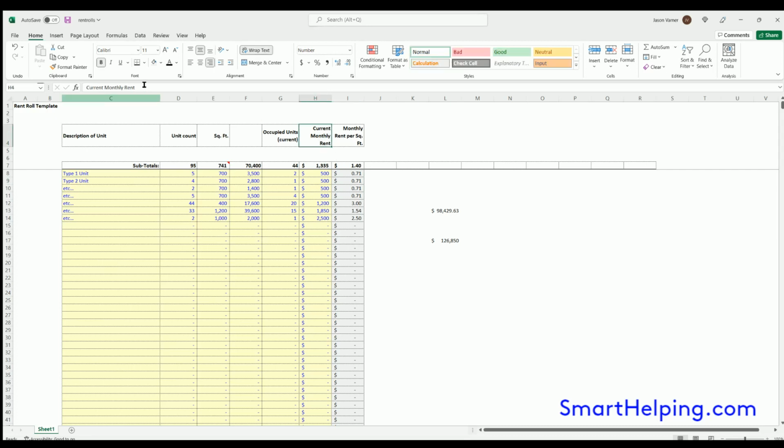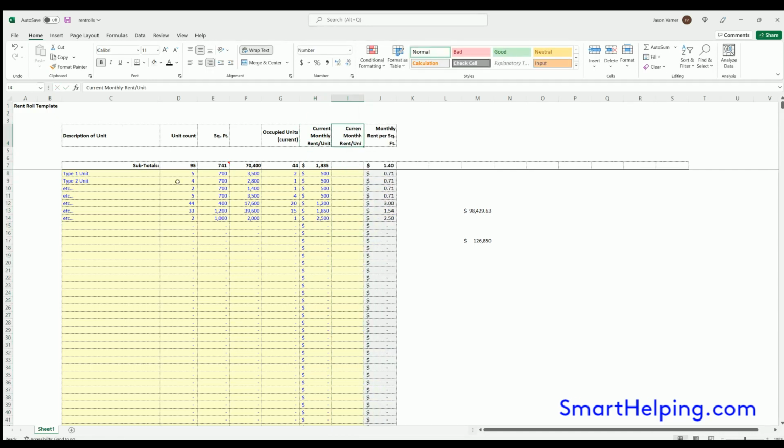Current monthly rent per unit. Let's also put in total rent per type, which is just this amount times the total units. Now this can be just summed up. 126,850. So that's the right number.